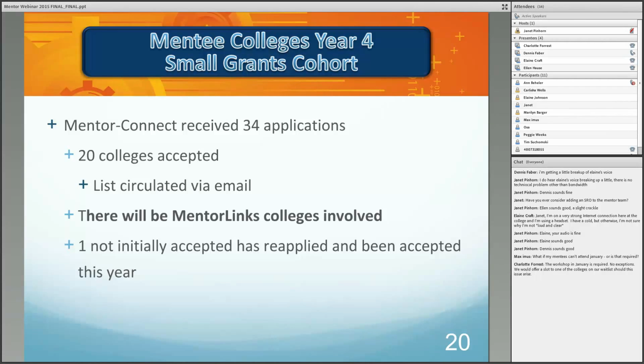So you might be sensitive to that as you talk with your team members. One of the teams was not initially accepted, and that college has reapplied and been accepted this year. And we're pleased to welcome them back as well. So that's kind of a quick update. We'll share the list with you in a few minutes and address any questions you may have about that.